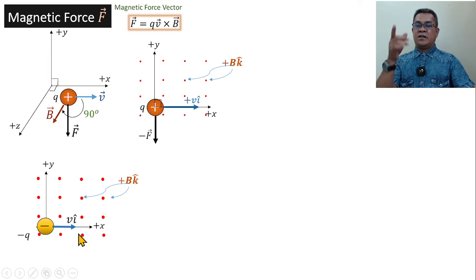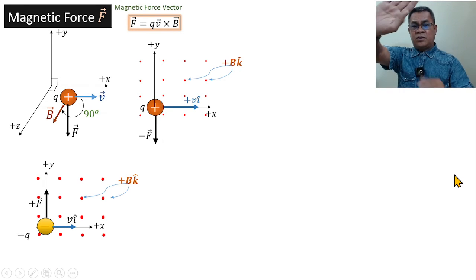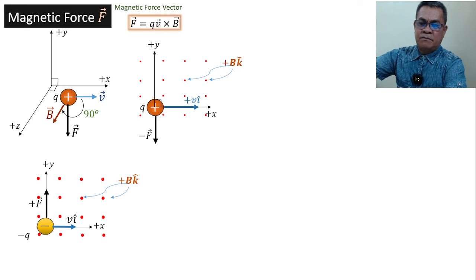So in other words, in that figure, in two dimensions, wherein we have the velocity along positive x and the magnetic field along the z-axis, your magnetic force is upward. Why? Because the right hand rule is downward. You can also use your left hand, with the same orientation.